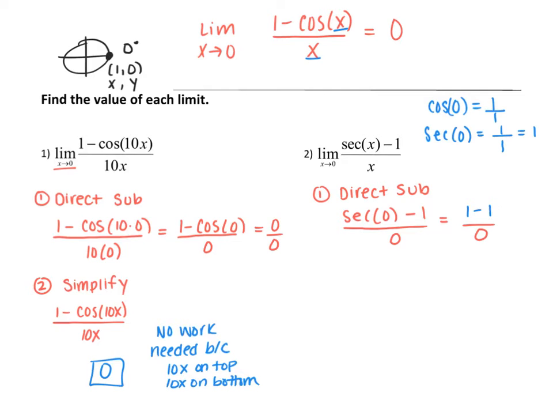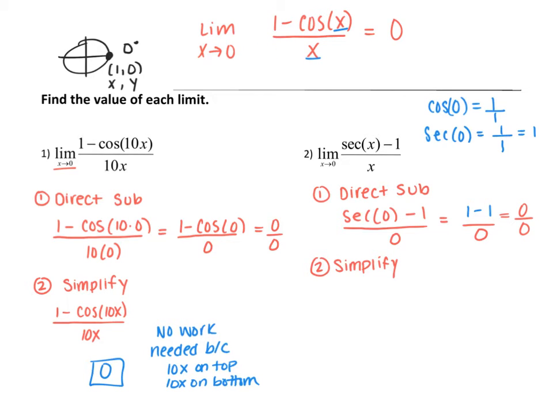1 minus 1 is 0. So we get 0 over 0. So now the second step is we're going to have to simplify this fraction. And the goal is going to be to have it look something like this.